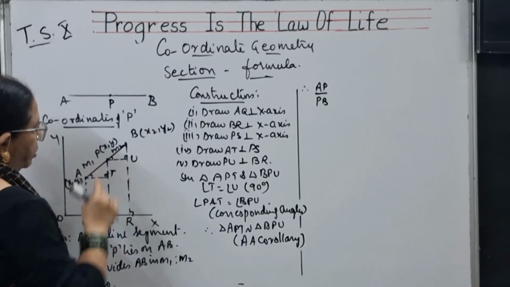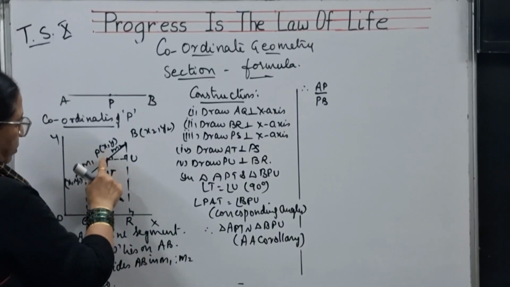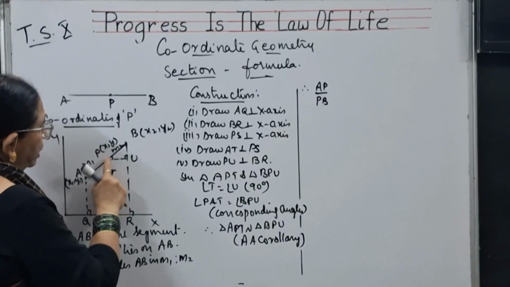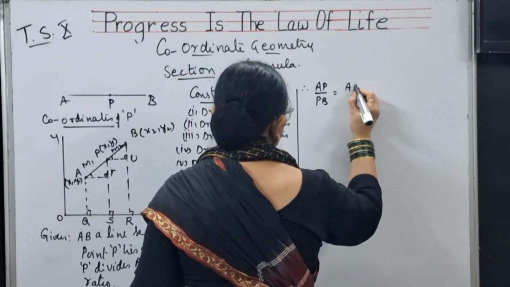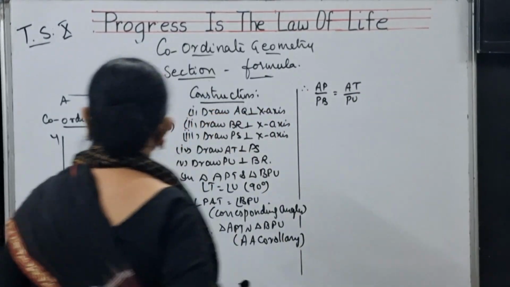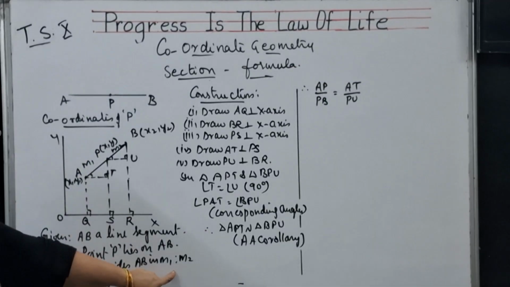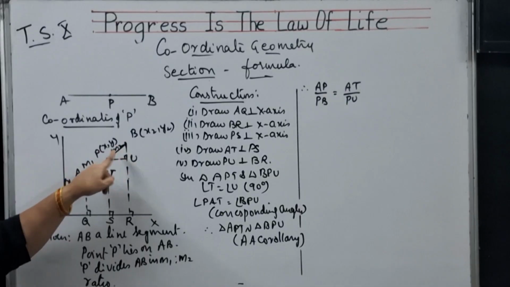So AP by PB is equal to AT by PU. What is AP? From A to P. P divides AB in m1 is to m2. This is AP, A to P is m1. P to B is m2.